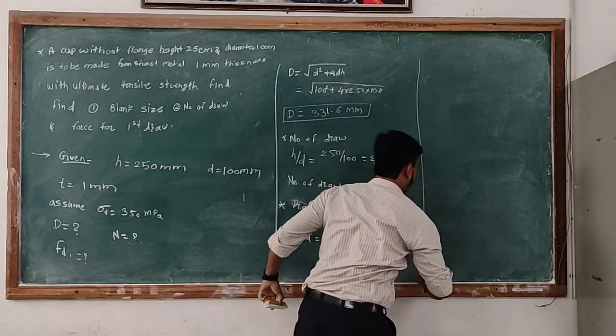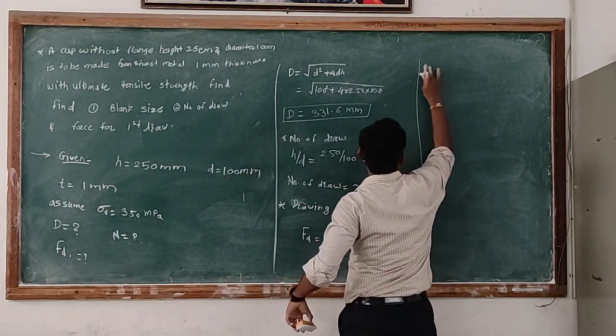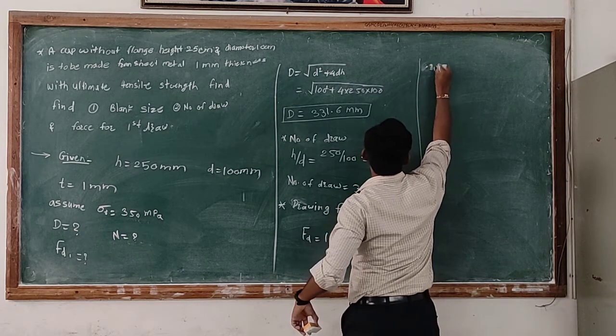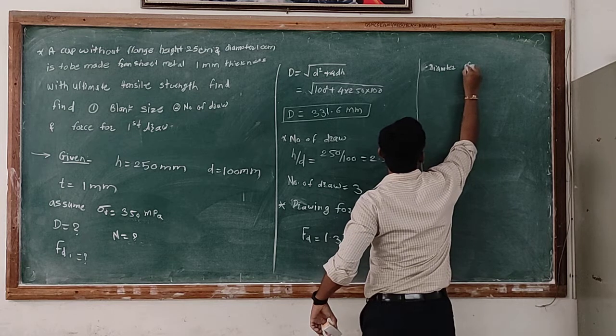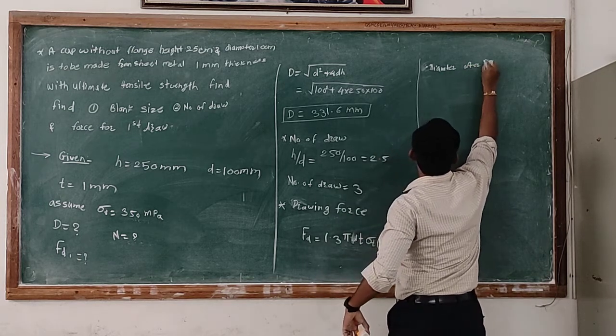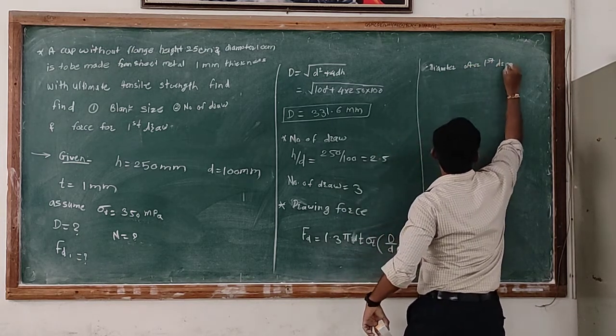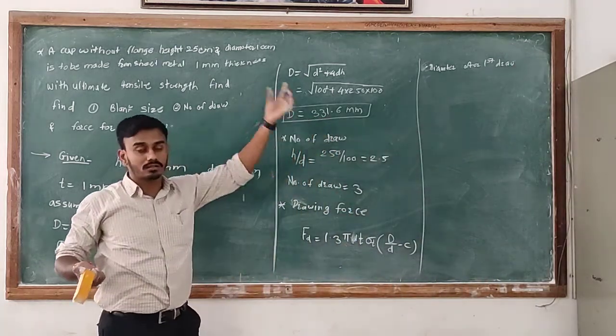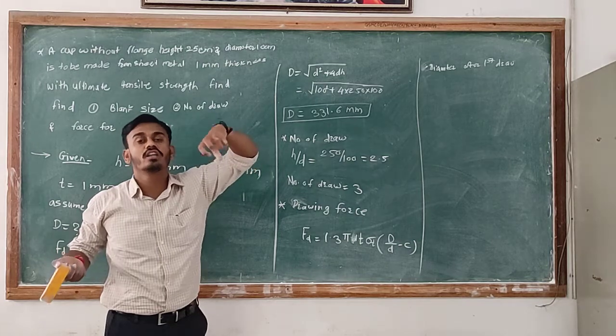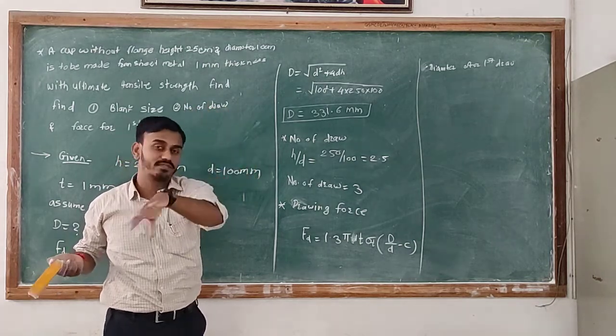So the diameter after the first draw: this is the blank, and when we apply the force in the first draw, what is the diameter that we obtain after this?